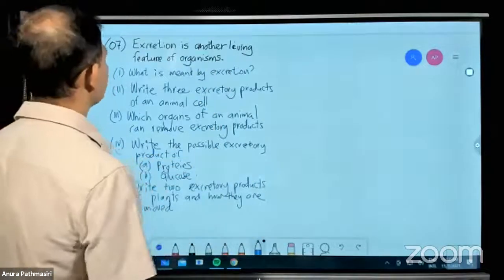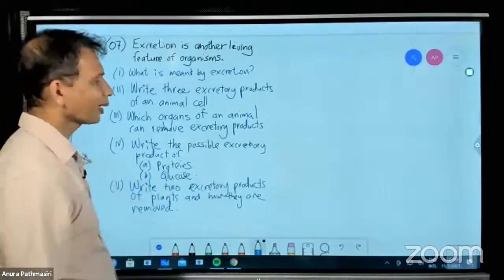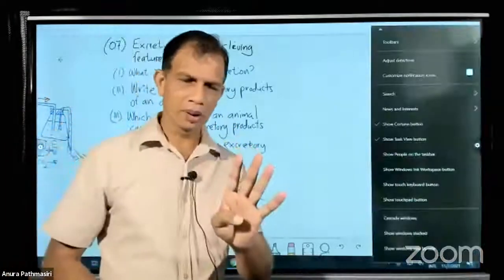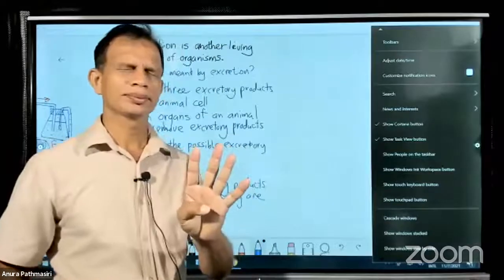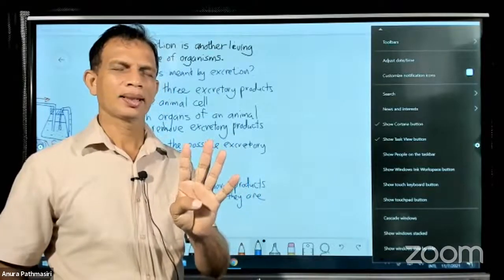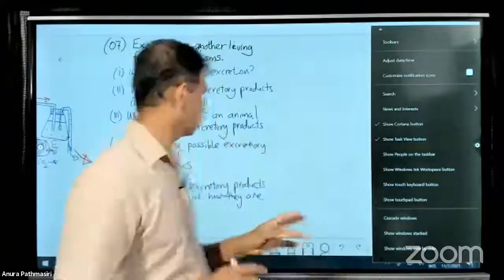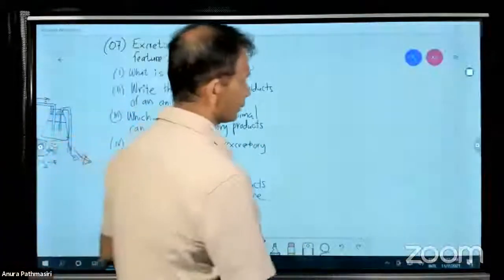Excretion is another living feature of organisms. What is meant by excretion? Removal of excretory products from the body. You can't use the word excretory; you have to define it as well.